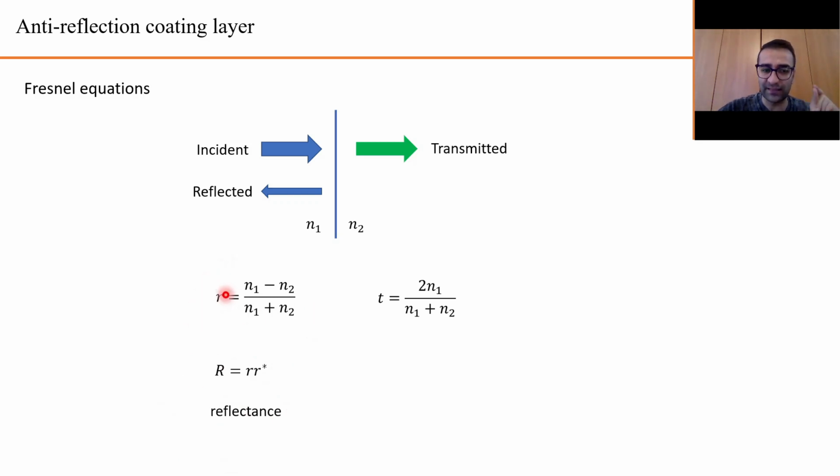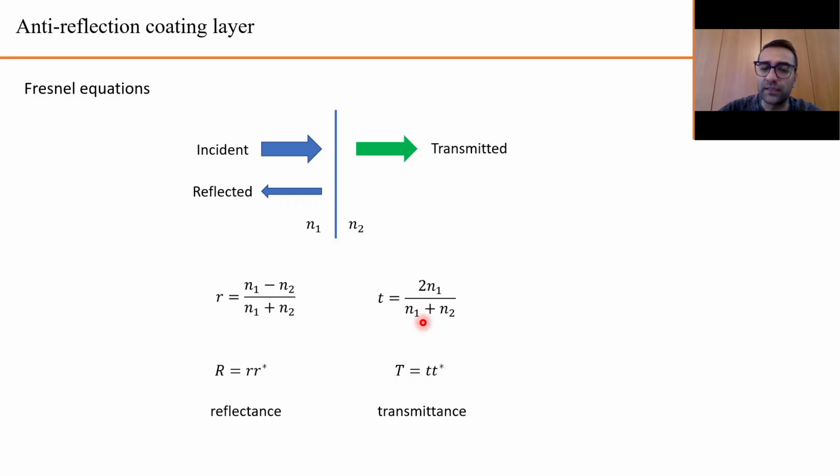Therefore, what this small r shows is the fraction of the wave that is reflected, and what this capital R shows is the fraction of power or intensity that is reflected from the interface. In the same way, the fraction of the power or intensity of the light that is transmitted to the second medium can be calculated using this capital T, and the capital T is this small t times its complex conjugate.